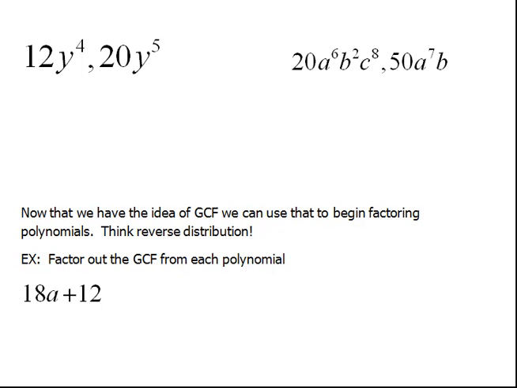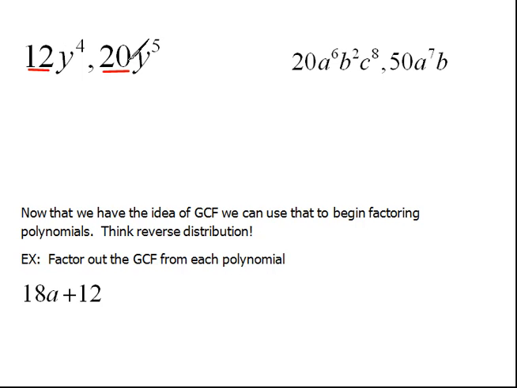In this example, we have 12y to the fourth and 20y to the fifth. Now, these have both numbers and letters, so we're going to have to take this in pieces. Let's first look at the numbers. Between 12 and 20, we want to find the largest thing that will go into both of them. Or another way of looking at it is, what is the biggest thing that 12 and 20 are both divisible by?